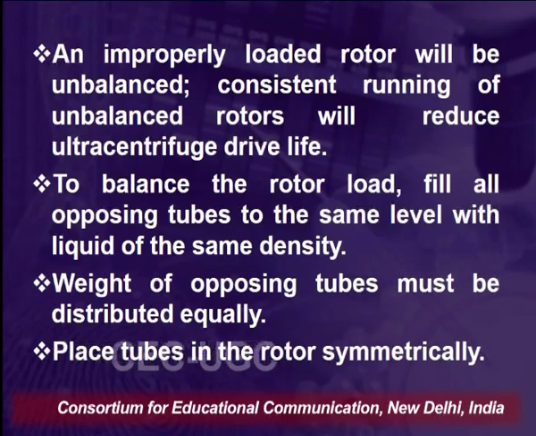The weight of opposing tubes must be distributed equally. If a tube with 5 ml of liquid is put in one position, then the opposite should always be 5 ml. The opposite tube should always be filled with the same amount of material, and tubes should always be placed symmetrically in the rotor.